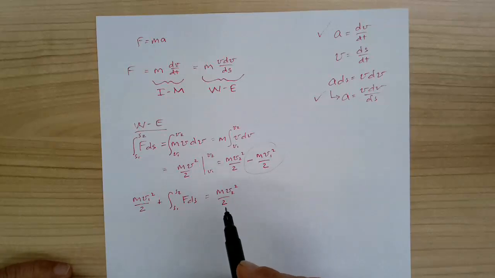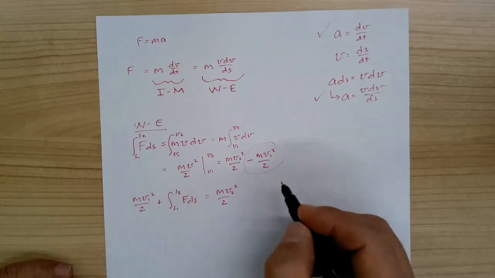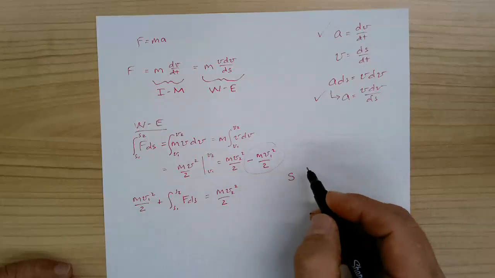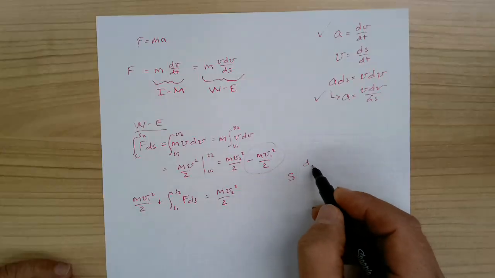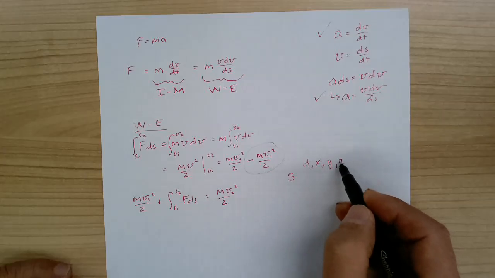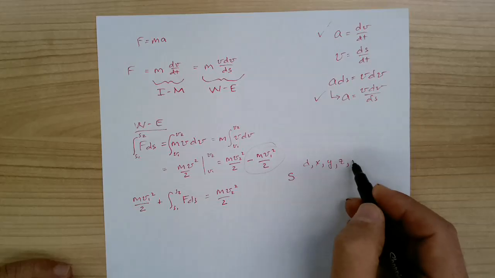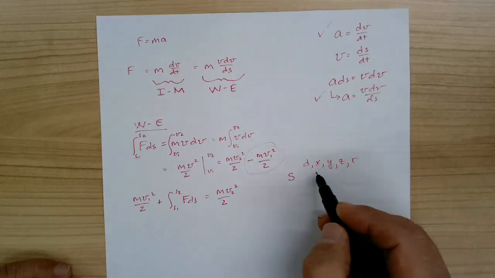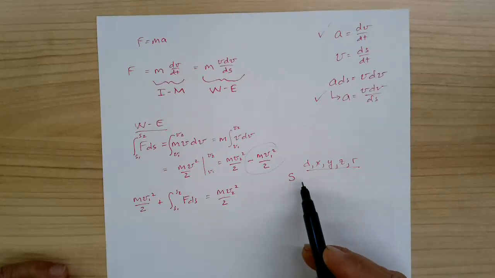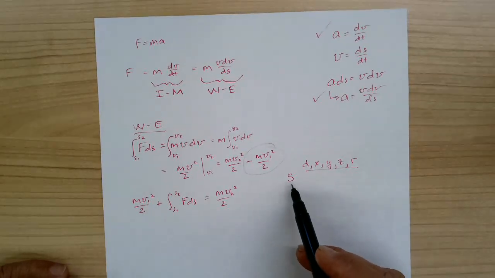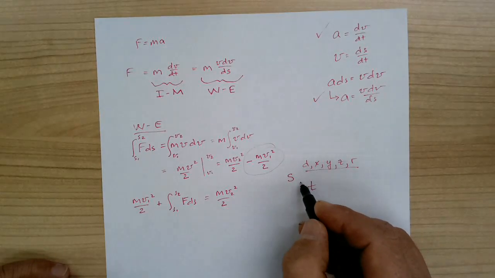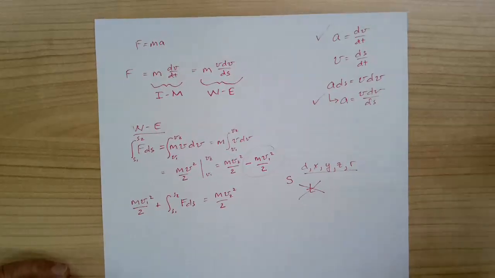When do we want to use work and energy? When the position, S, now maybe that's some distance D, maybe that's some location X or Y or Z, maybe that's some radial position R, but any of those. When the position is given or asked for and other parameters are there, but not time, right?